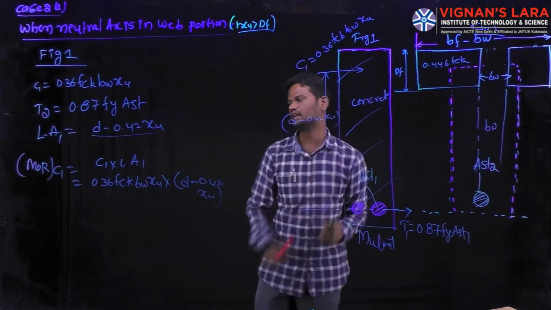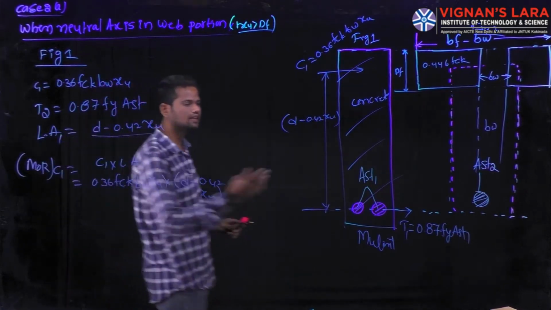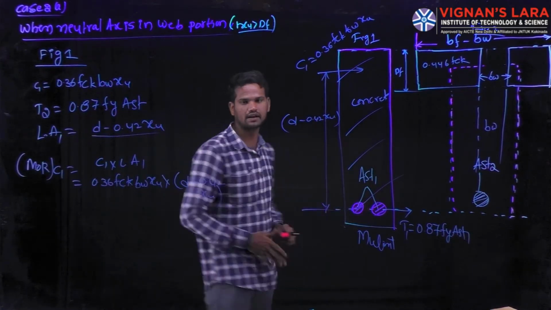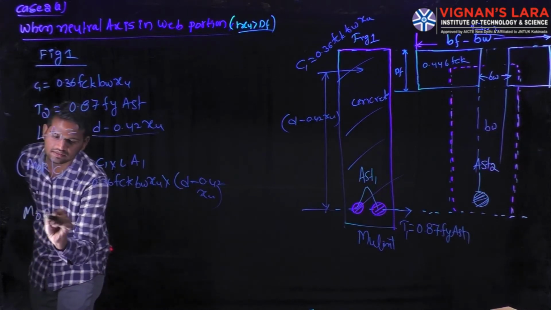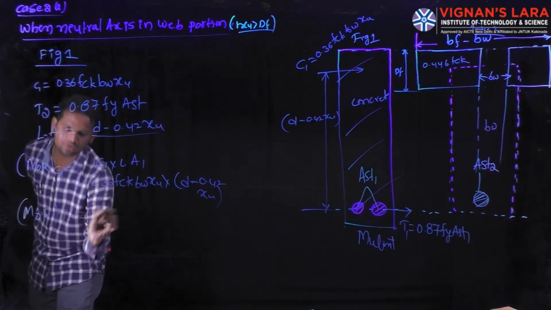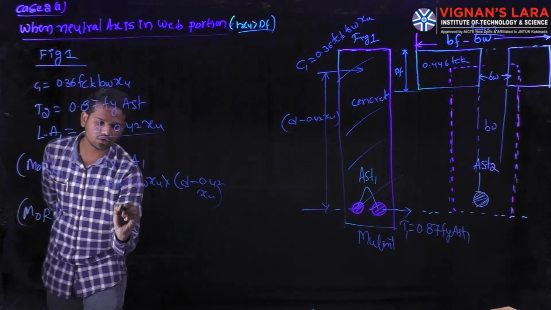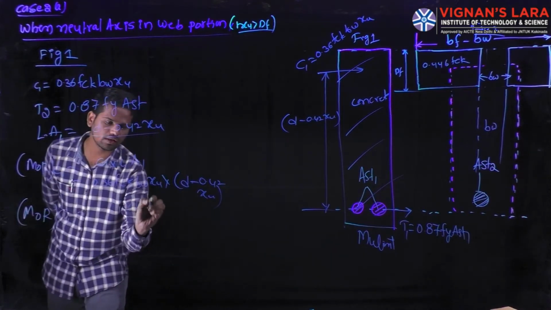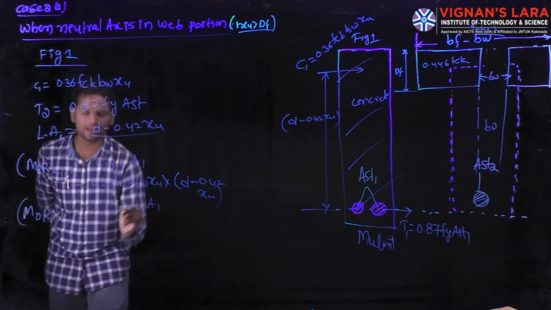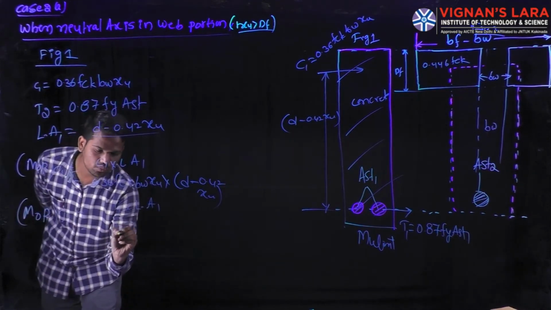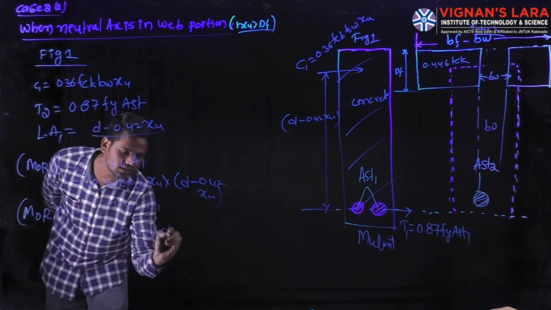As well as we will calculate the moment of resistance in tension for the same rectangular beam. The moment of resistance T1, that is the moment of resistance in the tension zone, equals the total tangential force into lever arm LA1. The total tangential force is 0.87 into fy into Ast1.